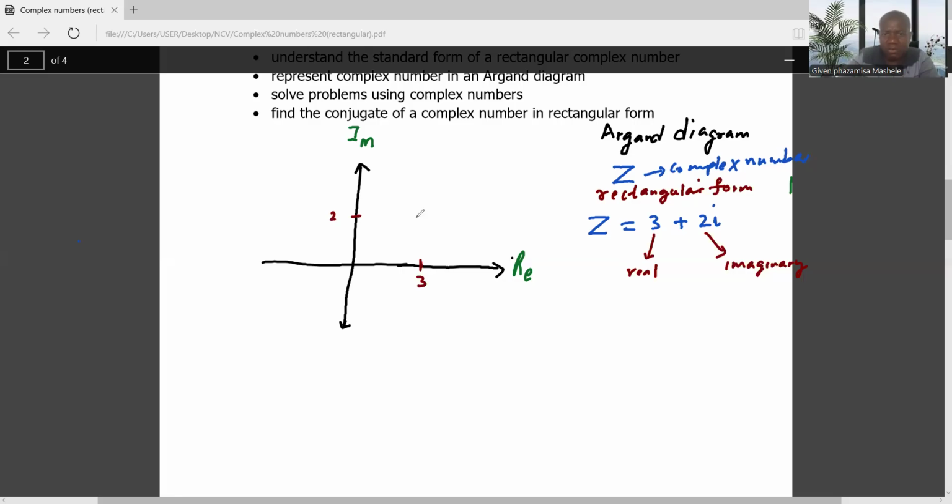So we look at their intersection. This is the point of intersection. Then we draw the line from the origin to the point where the two coordinates, the x and the y, have met.